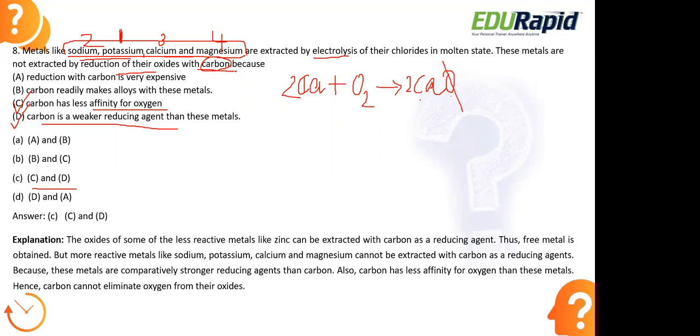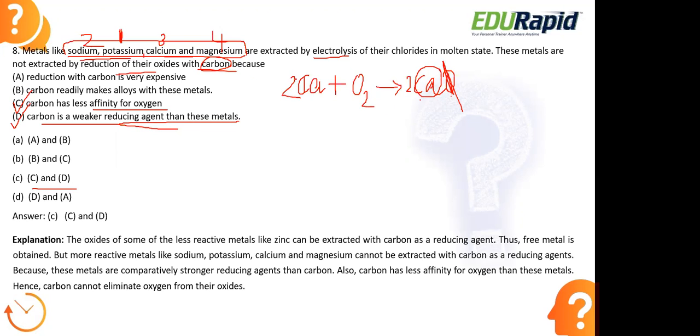Using carbon, we cannot reduce this compound. It is a compound here. Reduction is the process of removal of oxygen from a compound, right? But here carbon cannot remove the oxygen from calcium oxide. It's all because calcium is more reactive than carbon.